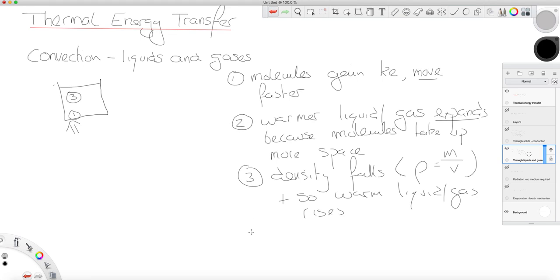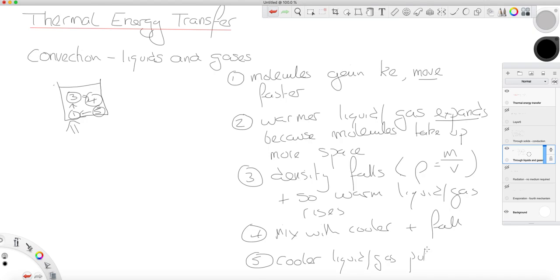Of course, then it will mix with cooler and fall, the reverse process, and we have cooler liquid or gas pulled in to take the place of the heated stuff in step one.